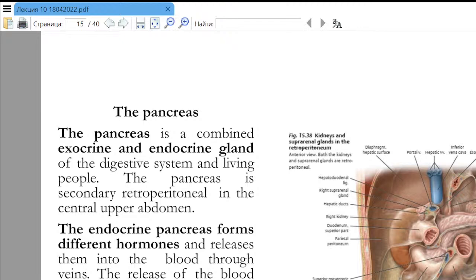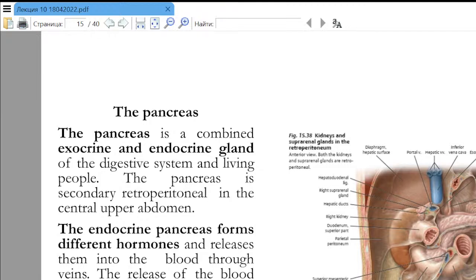The endocrine pancreas forms different hormones and releases them into the blood through veins. The release of the blood sugar regulating hormones, insulin and glucagon, is controlled directly by the blood sugar level.